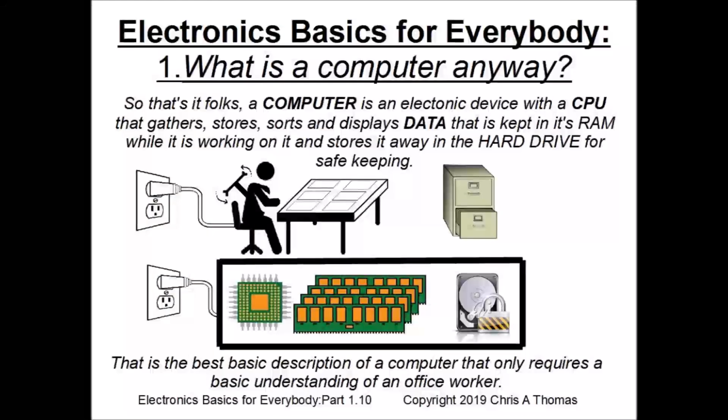But basically, I just wanted to lay down the fundamentals: that our computer is really an electronic device called a CPU that gathers, stores, sorts, and displays data that's kept in RAM while it's working on it, and then stored away in the hard drive for safekeeping. That is the best basic description of a computer I can give you that really only requires a basic understanding of an office worker.